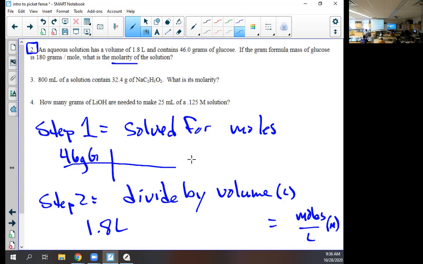All right, what am I solving for? Moles. So what has to come down here? Grams of glucose. Now, this problem was nice because it just told you the gram formula mass of glucose is 180 grams per 1 mole.